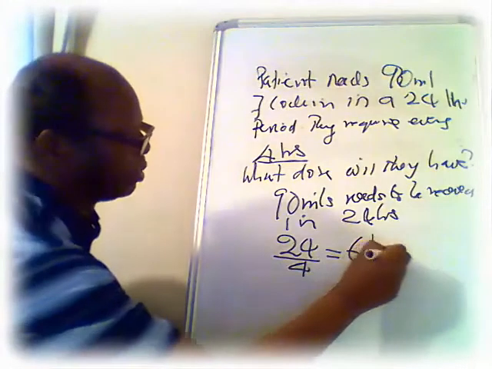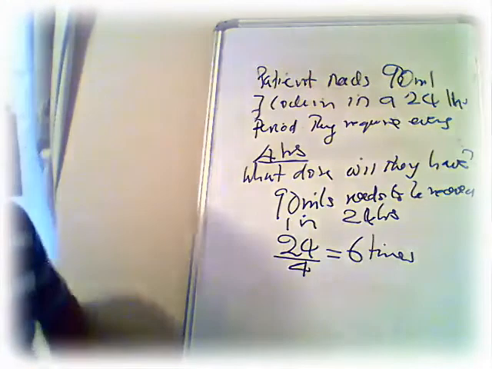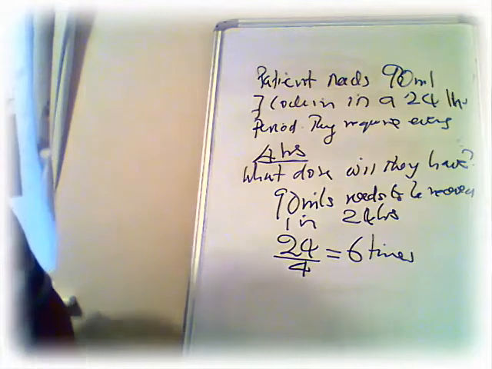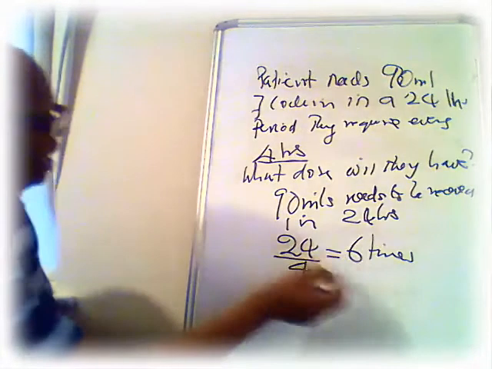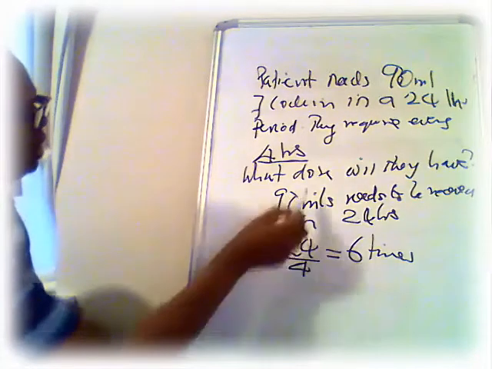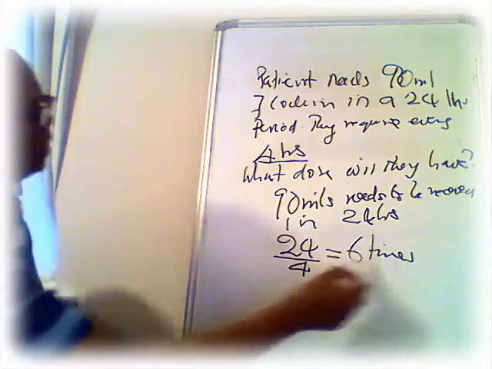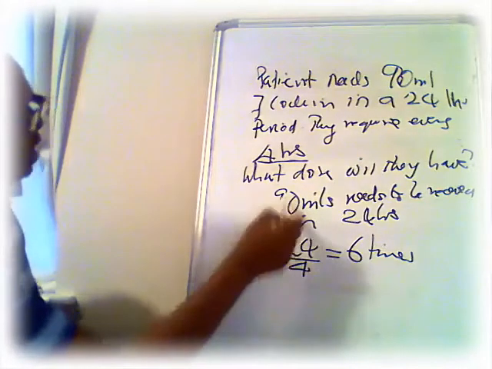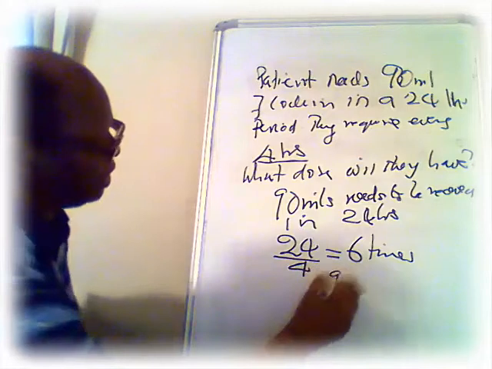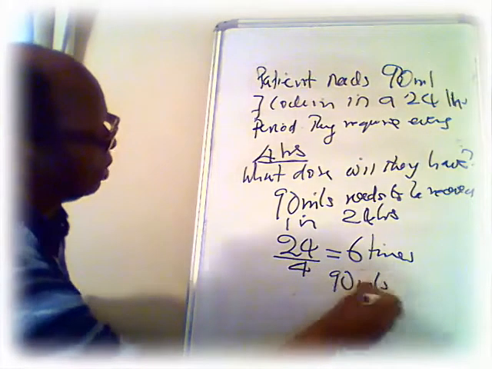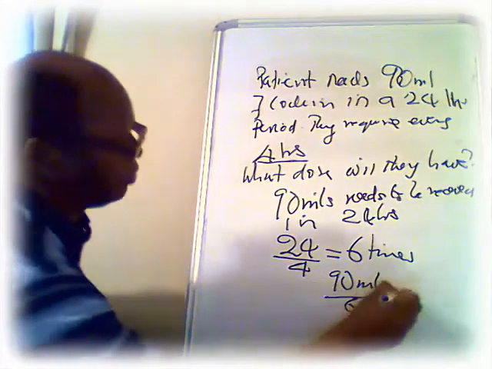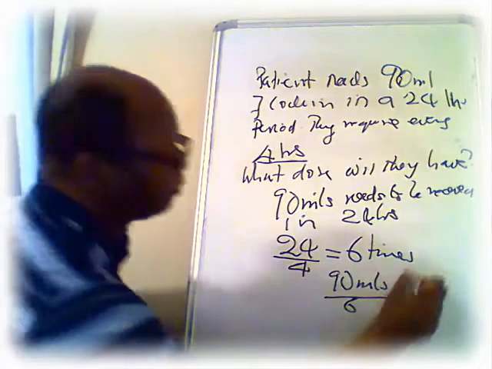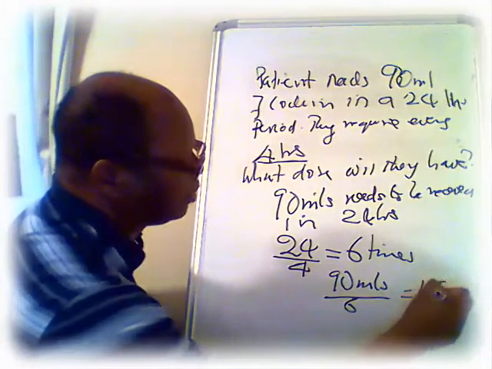Now, to find the dose that he will need each time, this needs to be spread over 6 times. So we need to divide 90 mils by 6, and that will give us 15. So 15 mils, that's the dose.